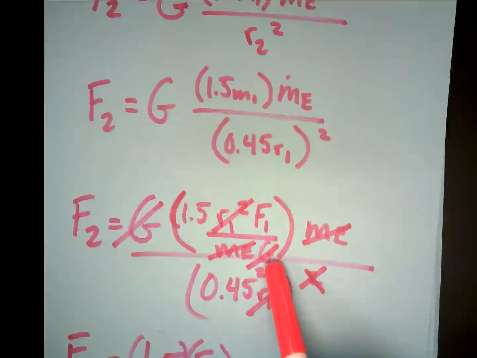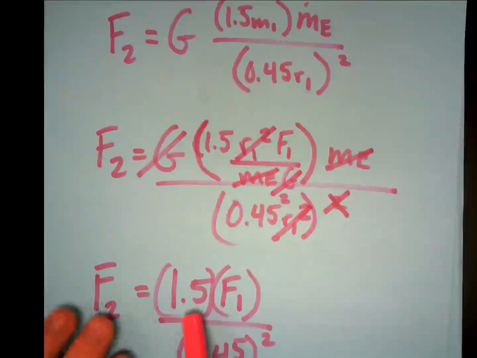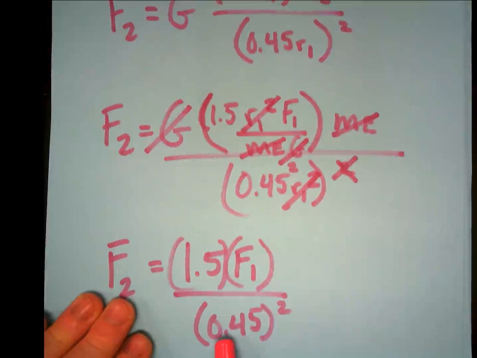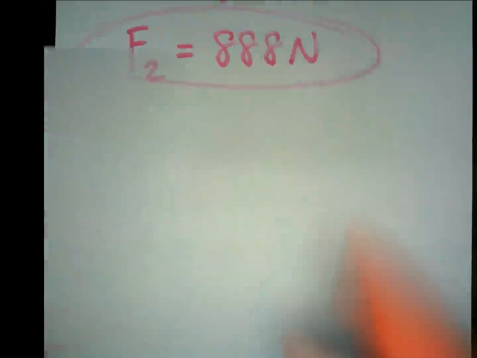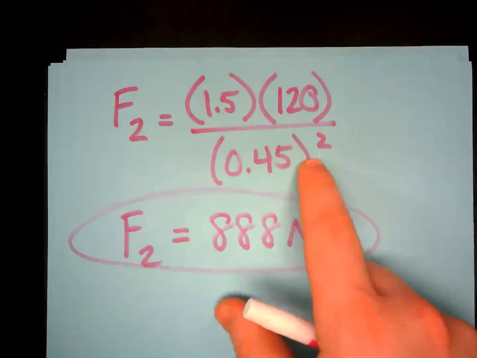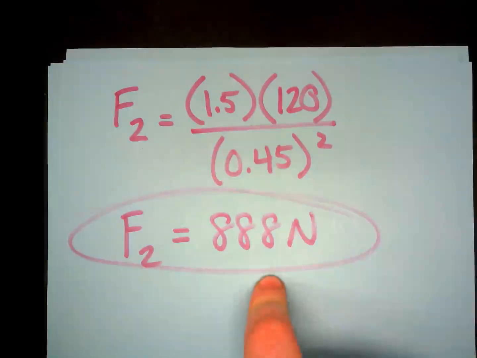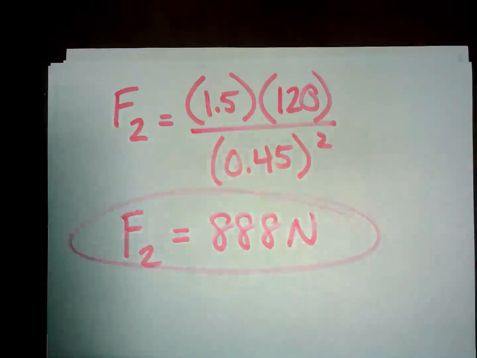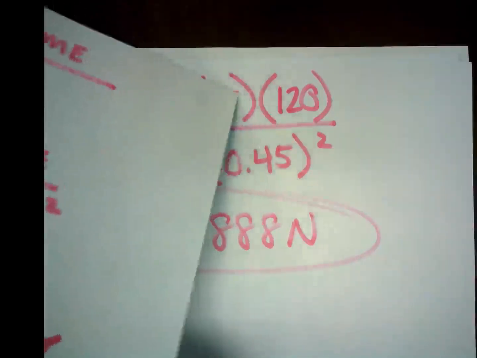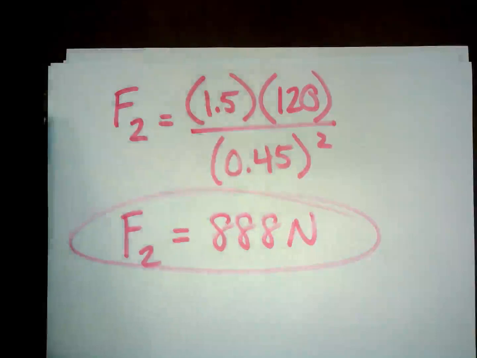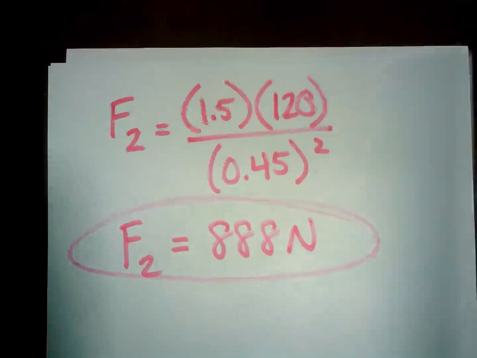And then to see that all that was left was going to be 1.5 times F1 divided by 0.45 squared. Okay. And then ultimately we plug in the correct number here, and then we are able to figure out that the force of the second object is going to be equal to roughly about 888 newtons or 890 newtons, whatever you want your sig figs to be. Okay, so that is check your understanding number one.